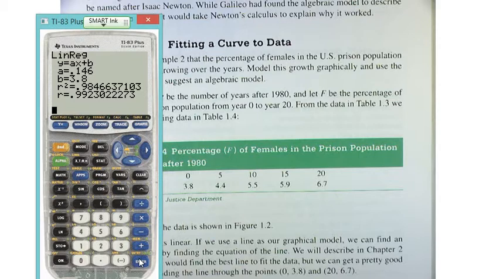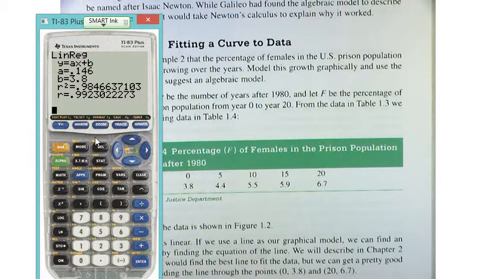Hit enter. Now my R squared value, that's a pretty high correlation. It's 0.98. It's kind of like a percentage. It's not exactly a percentage, but it's like saying 98% of the points are on the line. But that's not really what it is. It's really a measurement of distance from the line. And the closer this is to 1, the better. Okay?